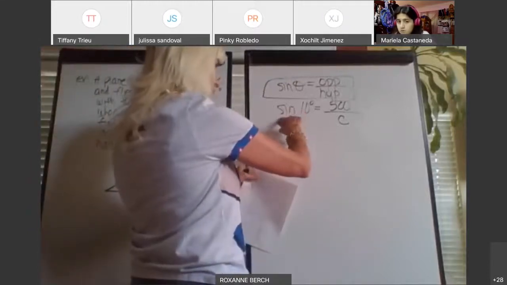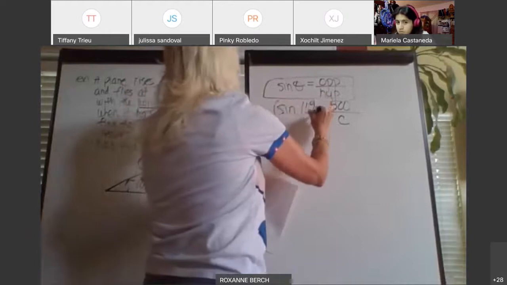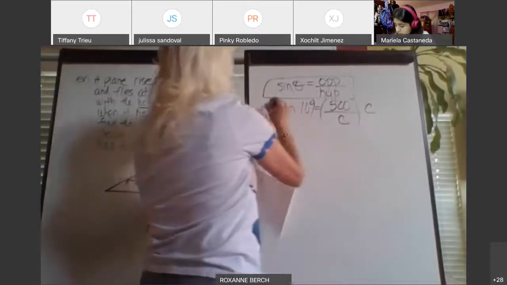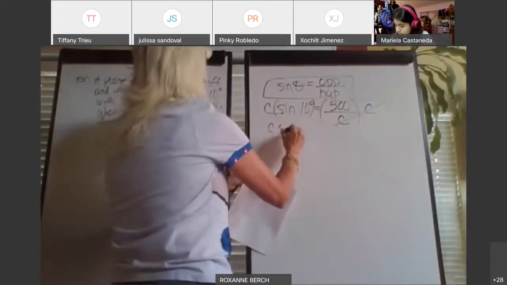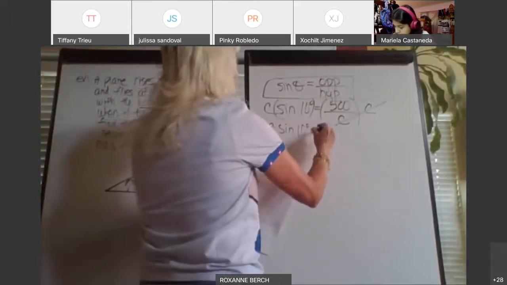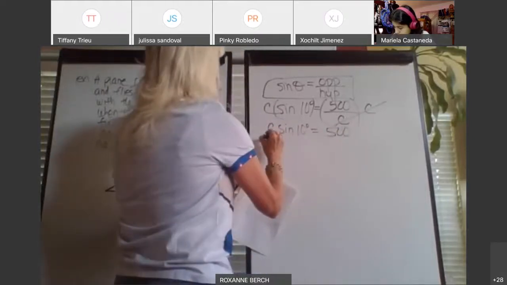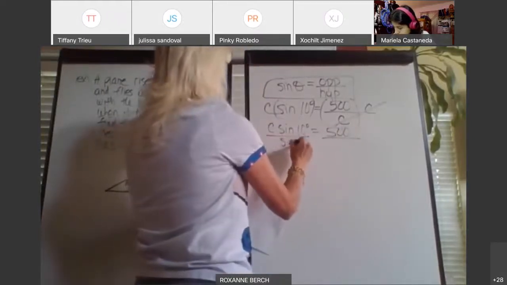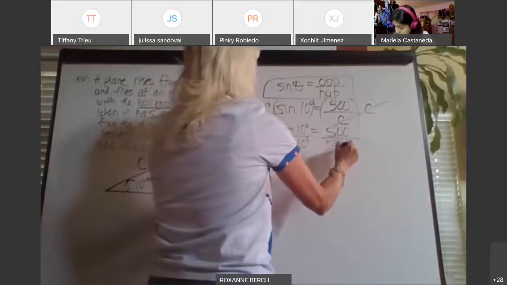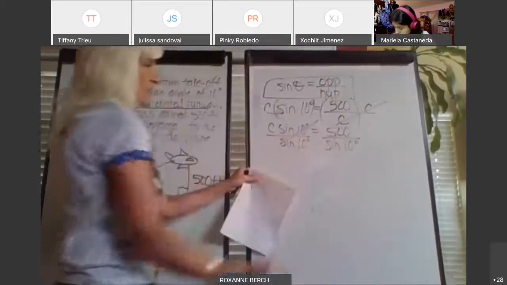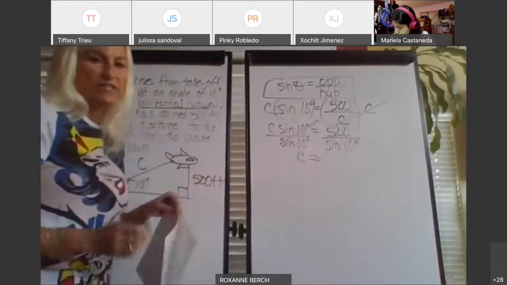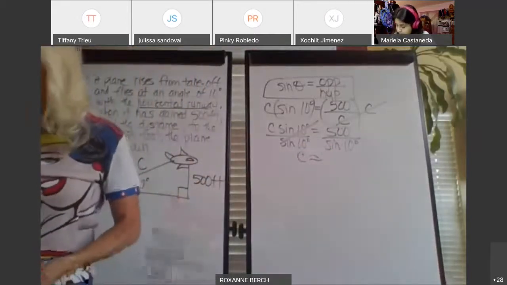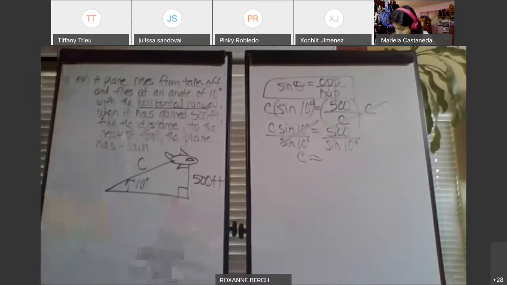You can either set up a proportion and put that over 1, or you can just multiply both sides by C. So C sine of 10 degrees equals 500, divide by sine of 10 degrees. So C is approximately, and you've got to make sure your calculator's in degree mode. So now we're in degree mode again.